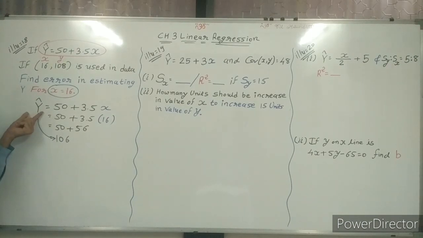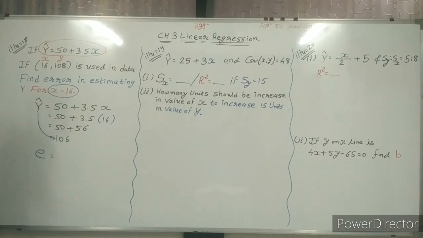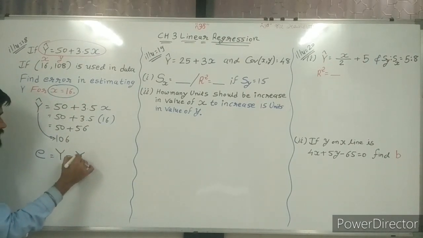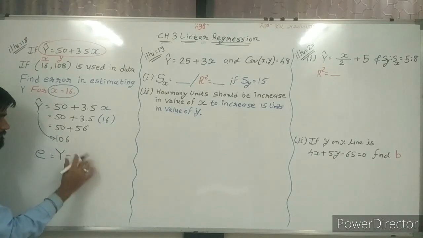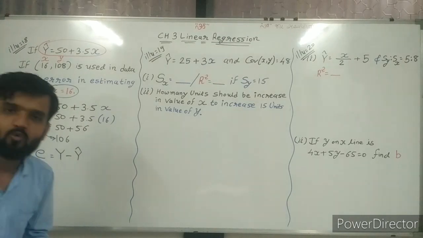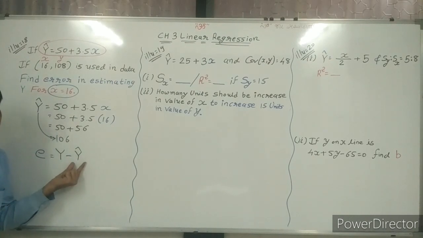So y cap. Now how can we find the error? Error means e, and the formula of error is y minus y cap. This is the original value of y, and this is the estimated value of y because y cap is there.